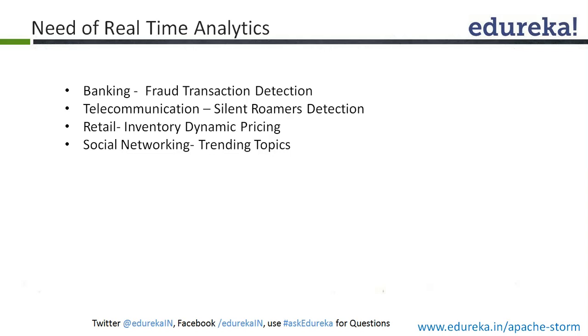Now the point is how real-time analytics becomes so important in various domains. There are these 4 cases which we have tried to put, and they are not fancy use cases which you typically see in blogs. They are based on actual implementations of Storm which have already happened in production at different clients.